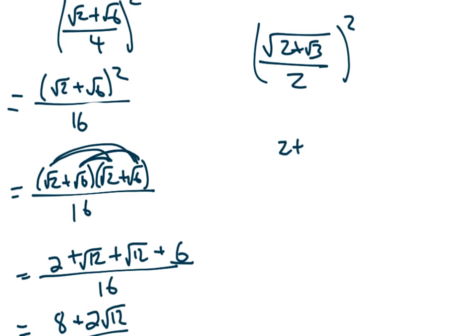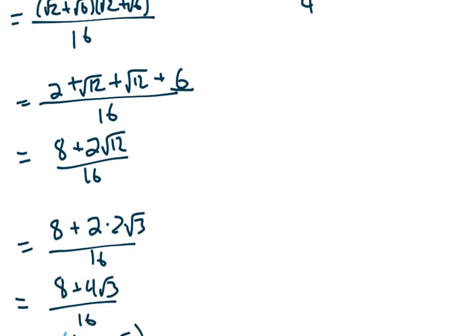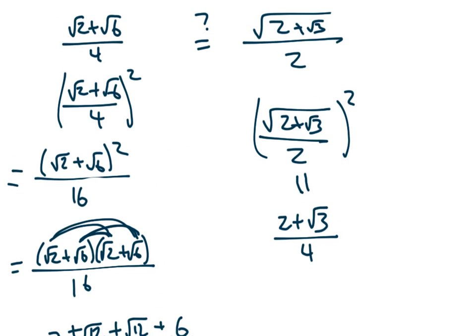So the numerator, when squared, becomes this. The denominator, when squared, becomes 2 squared. That was way faster, and it turned out that they were the same thing. This is equal to this. So these guys have the same sign, their squares are the same, they are the same.